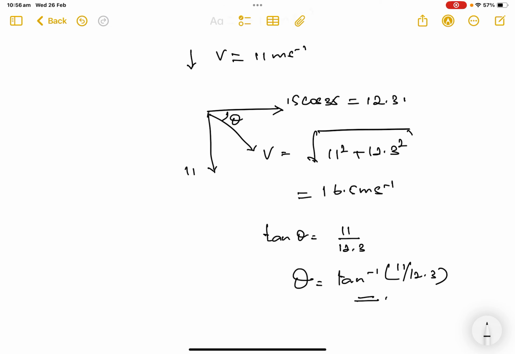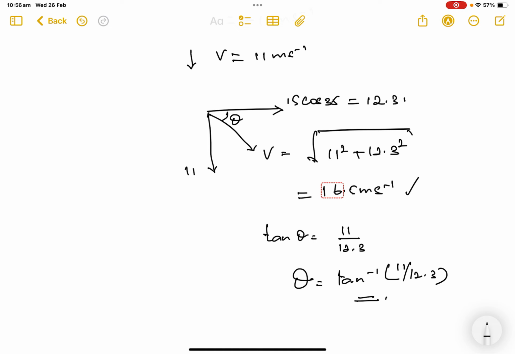I put a little sketch to explain. V equals the square root of horizontal squared plus vertical squared, so 11 squared plus 12.3 squared, which comes to 16.5 meters per second.